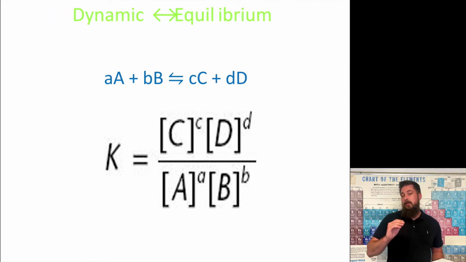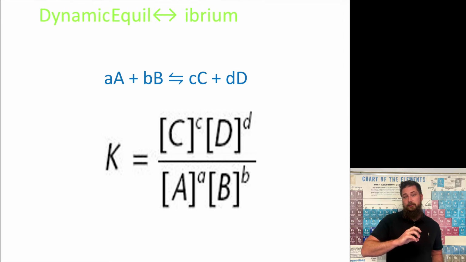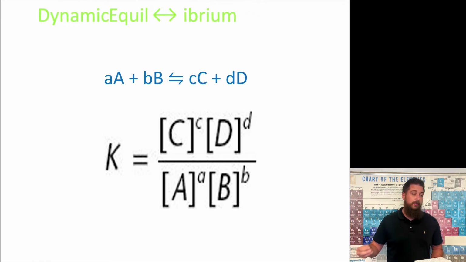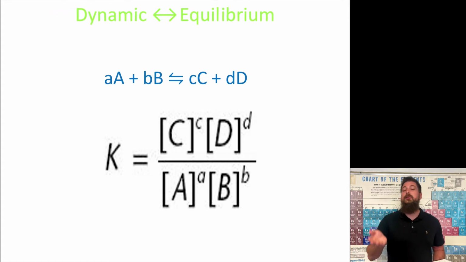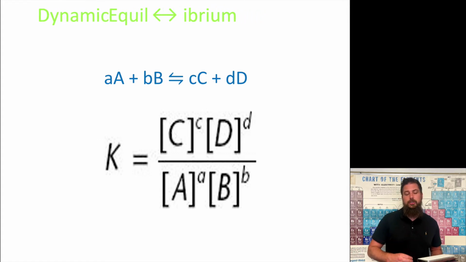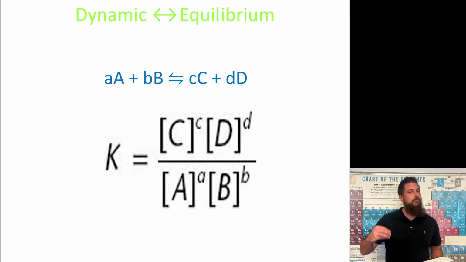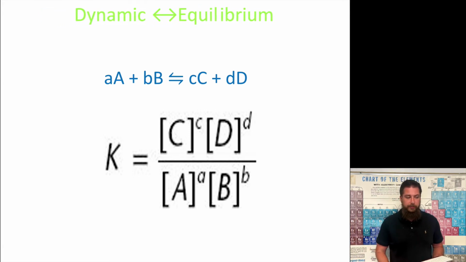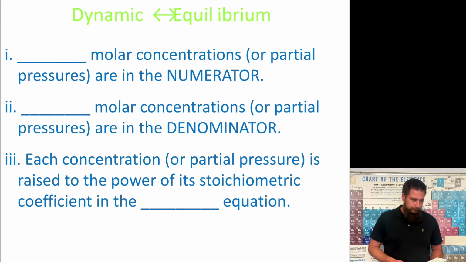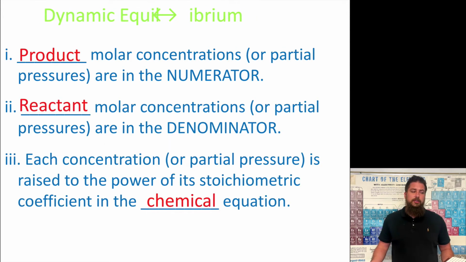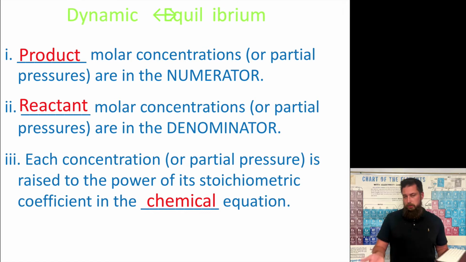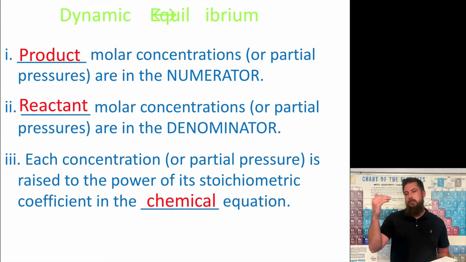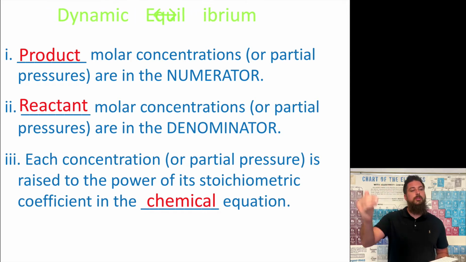Notice how it's the concentration of the products, each raised to the power of its coefficient and multiplied together, divided by the concentration of the reactants, each raised to the power of its coefficient from the balanced chemical equation and multiplied together. The product molar concentration, or partial pressure for gases, is always going to be in the numerator.